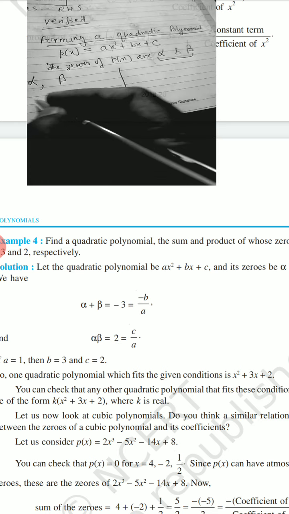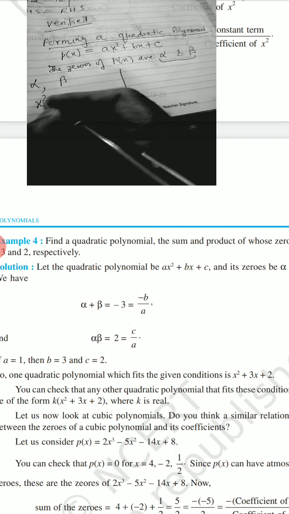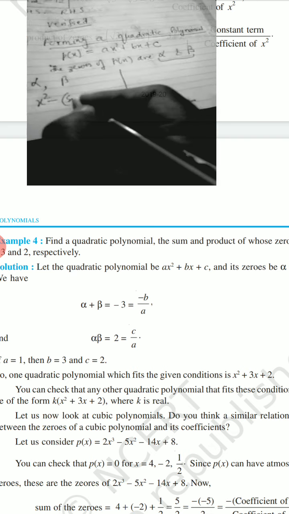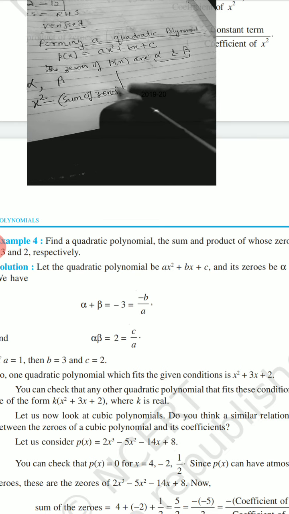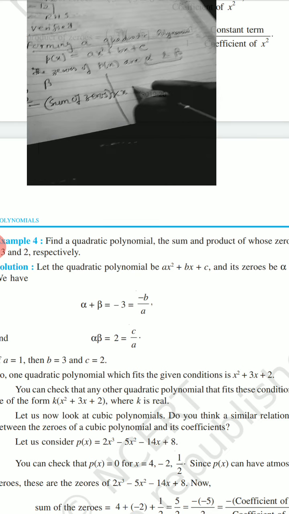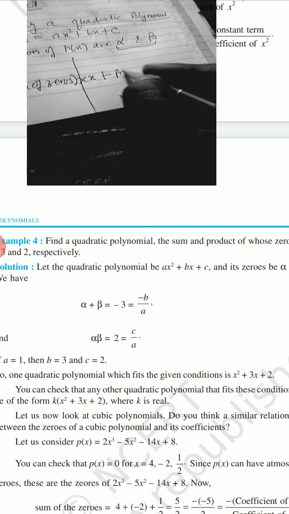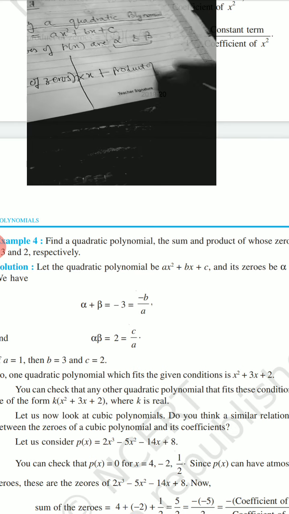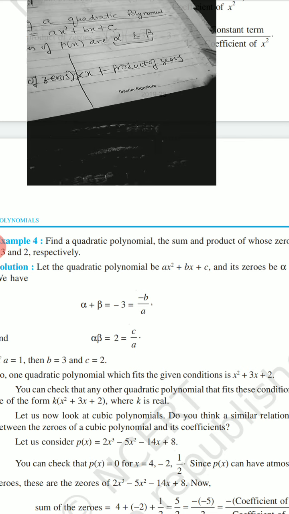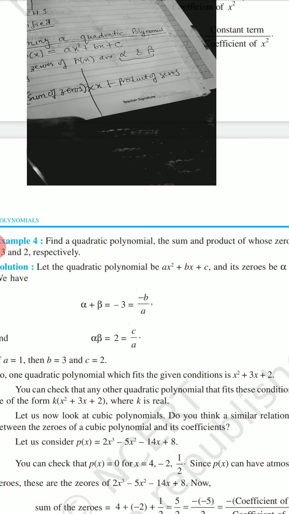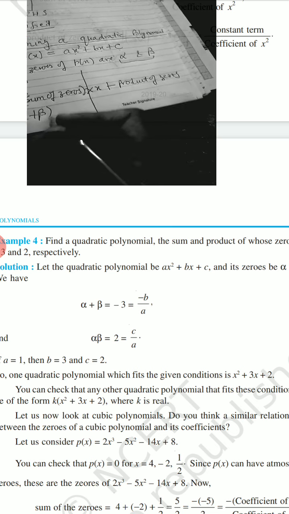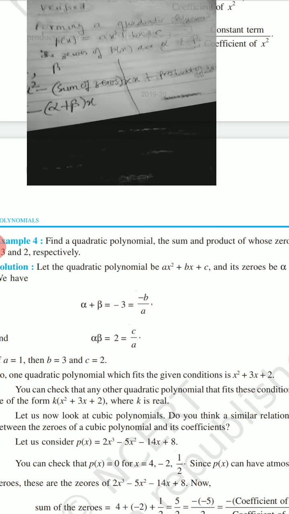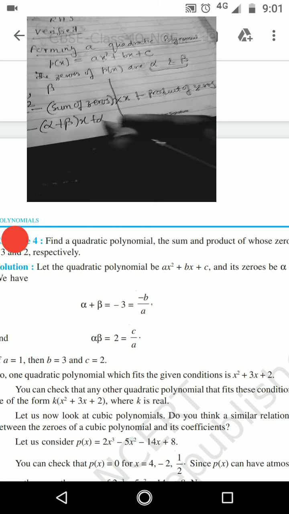we can form a quadratic polynomial by the formula x square minus sum of zeros into x plus product of zeros. Now the formula is x square minus (alpha plus beta) x plus alpha beta.